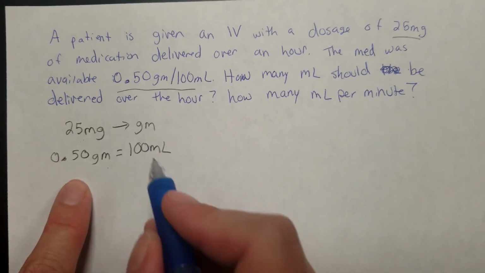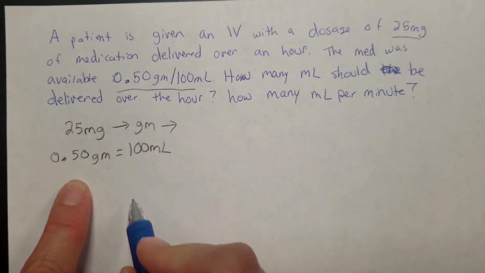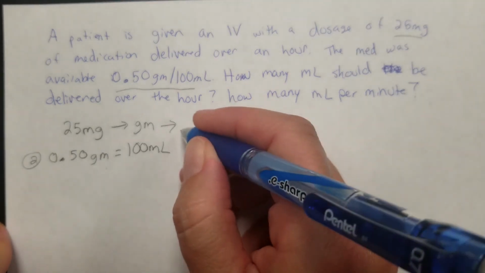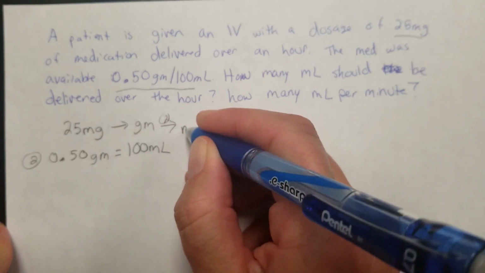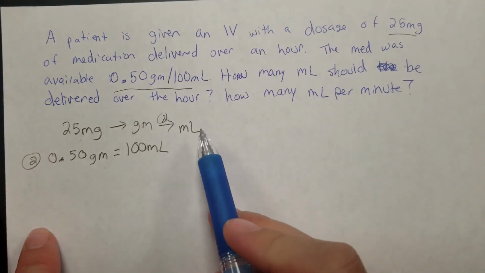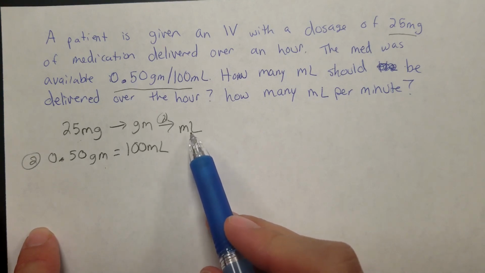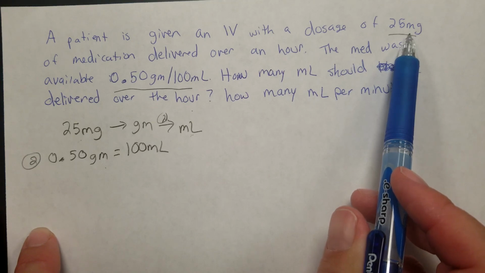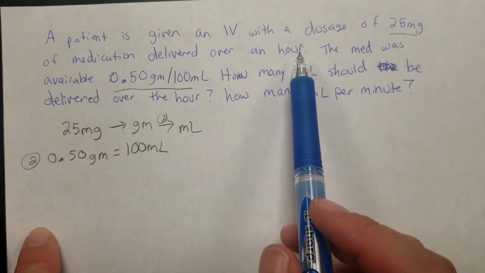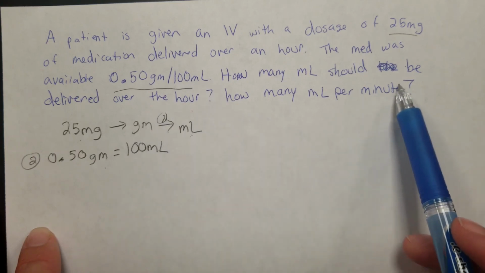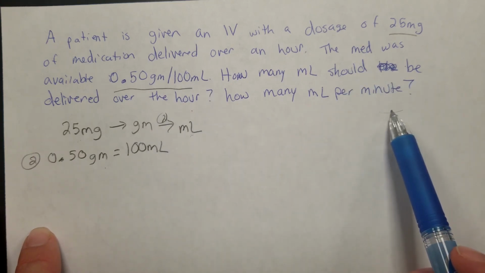Once we're in grams, we can use this conversion factor here, let's call it conversion factor 2 since it's for the second step, to get us in milliliters. Now this will be the milliliters that are delivered over the hour, because it says 25 milligrams of medication over the hour. So once we get this answer, that'll be over the hour, and then we'll further convert it to figure out how many mils per minute.